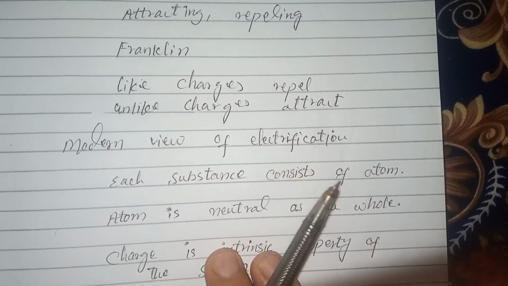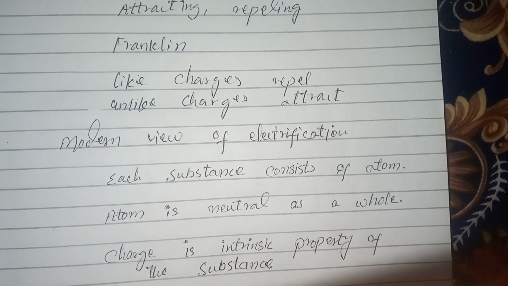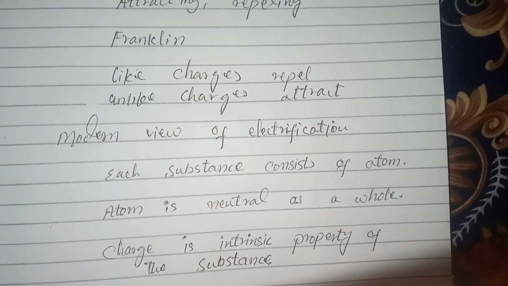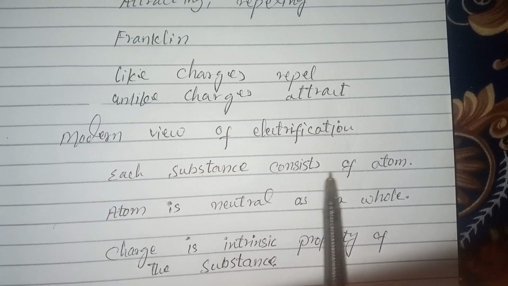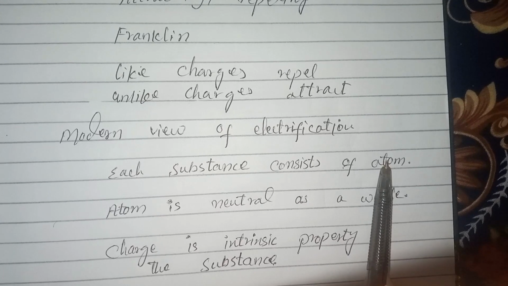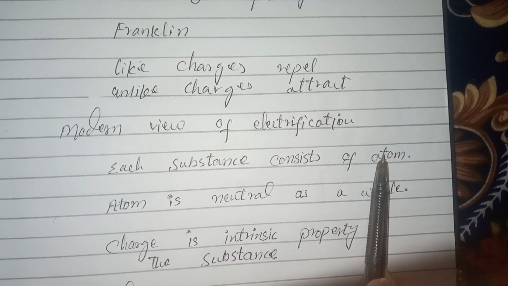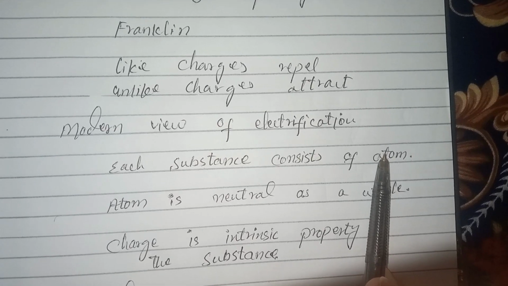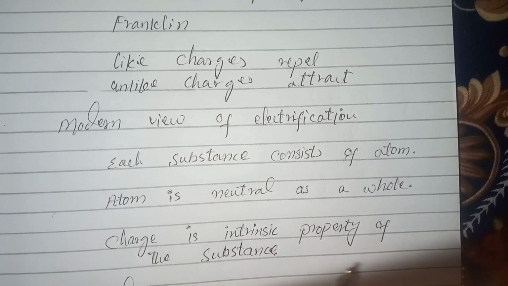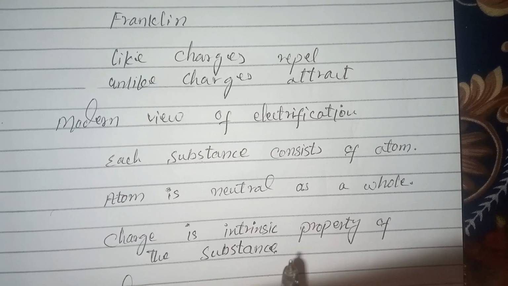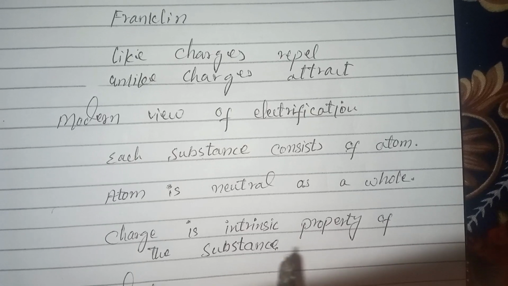But if we are talking about the modern view of electrification, according to the modern view, each substance consists of atoms. The atom has a central portion known as the nucleus, around which the electrons are revolving. The nucleus is made up of protons and neutrons.